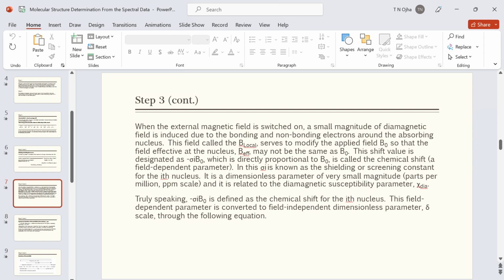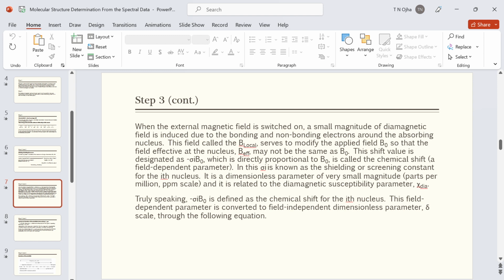In this, sigma i is known as the shielding or screening constant for the ith nucleus. It is a dimensionless parameter of very small magnitude measured in parts per million, and it is related to the diamagnetic susceptibility of the medium. Truly speaking, minus sigma i B0 is defined as the chemical shift for the ith nucleus.